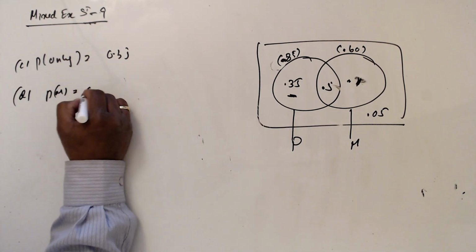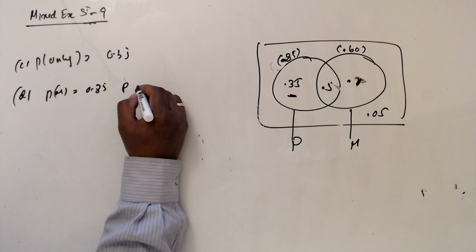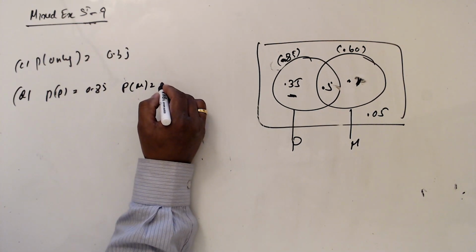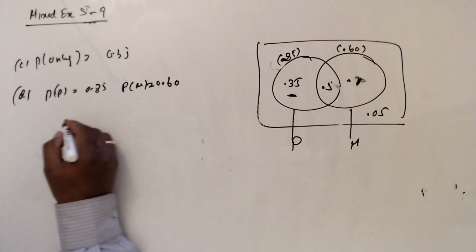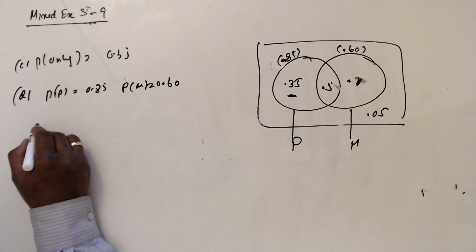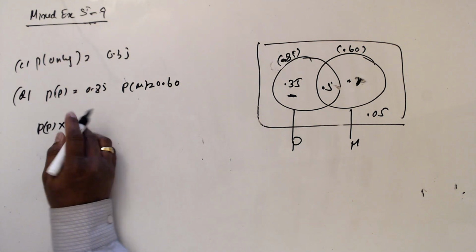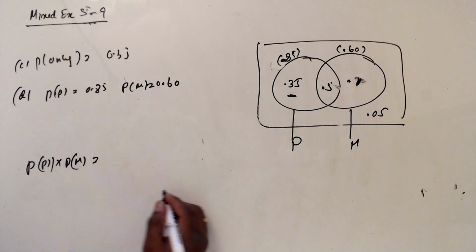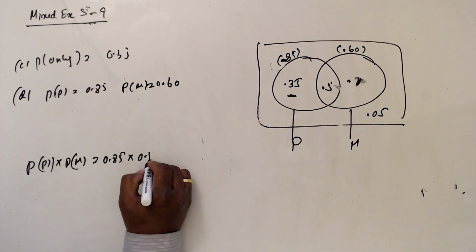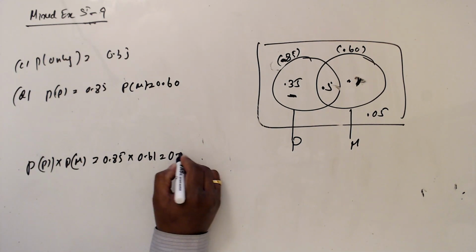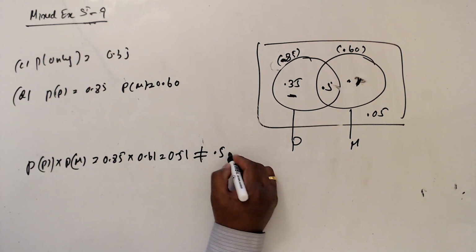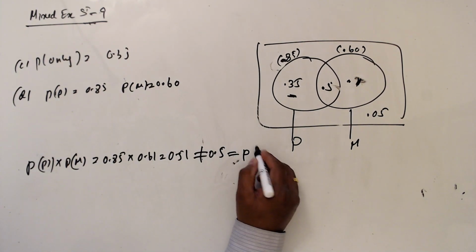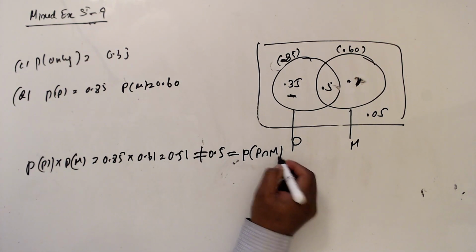So P(P) is 0.85, P(M) is 0.60, then P(P) times P(M), so 0.85 times 0.6 equals 0.51, not equal to 0.5, which is P for mobile phone intersection MP3 player.